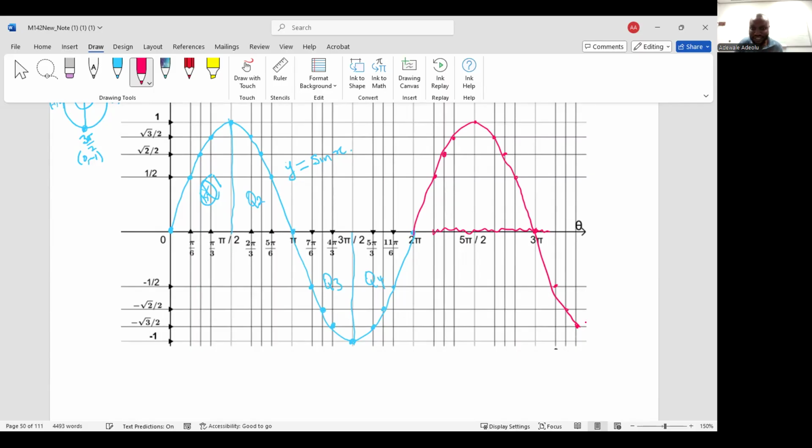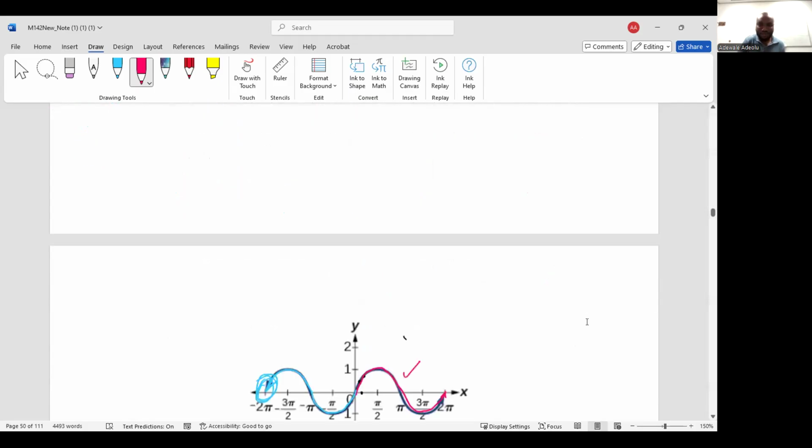Now you would notice that we are just repeating what we have in this first and second quadrant, just like we have learned in the past. Once you complete that one cycle, then we are just doing the same thing. Okay, so that is what we are saying.